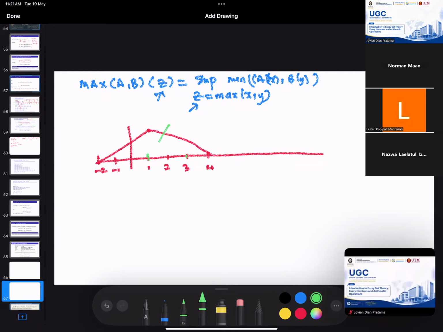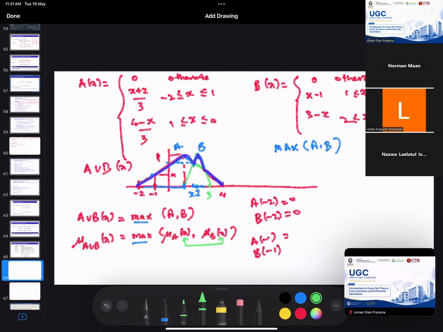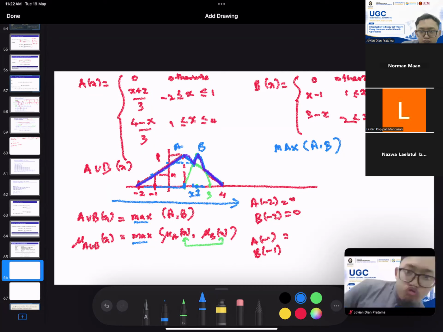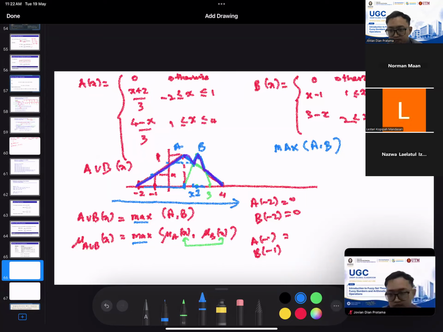If you refer back, because we are looking for the same value of x, the calculation goes from the left-hand side to the right, through different values of x: x equals minus 2, then x equals minus 1, x equals 0, because they are operations on the same x. Between them, you need to choose the maximum fuzzy number between A(x) and B(x).